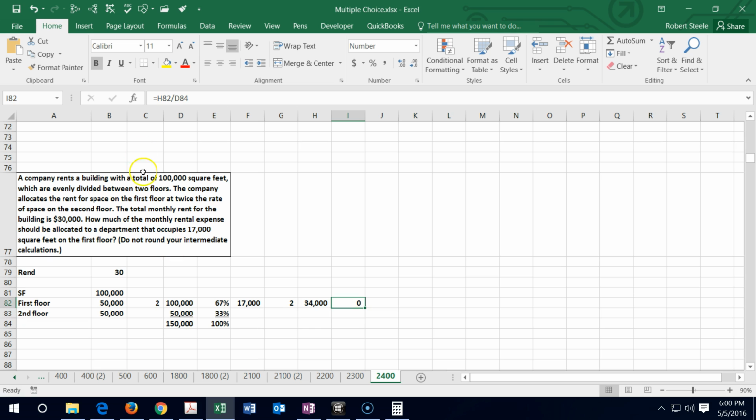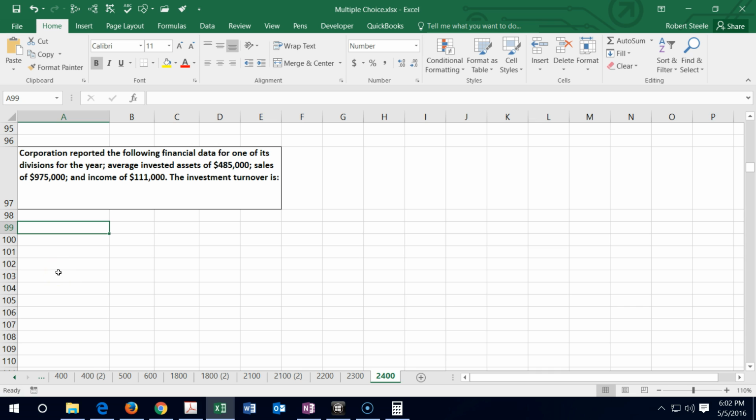And that will come out to, we're going to go percentage, 23. So we're going to take now the total rent dollar amount, the 30,000, and multiply that out. So we're going to say this is 23% times the 30,000. That's going to be the allocation to this one department on that floor, 6,800.